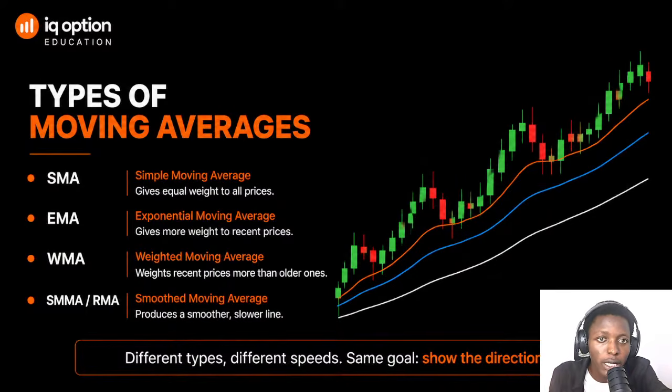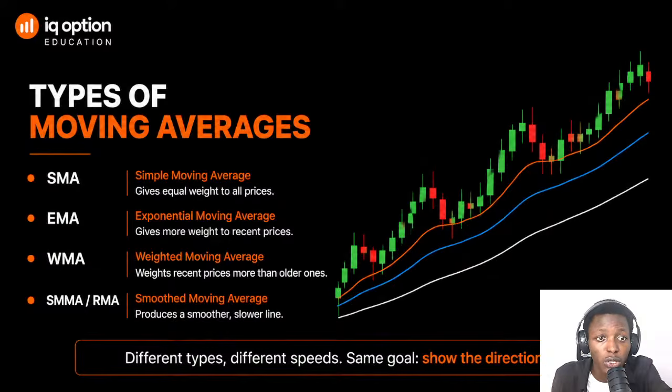The common one you would come across on IQ Option is the SMA, which is the simple moving average. Then we have the EMA, which is the exponential moving average, and we're going to be using the exponential moving average in our examples today. I will explain the reason why.